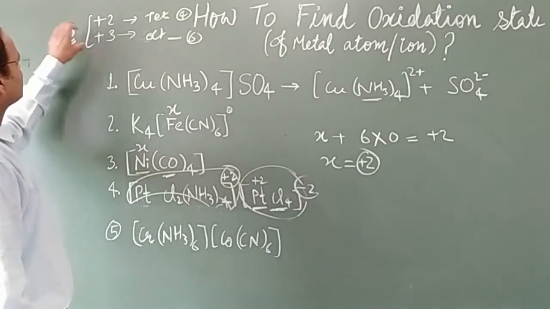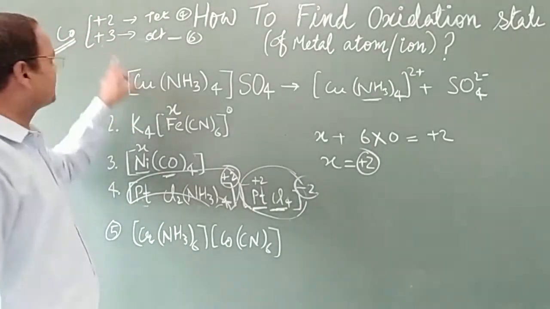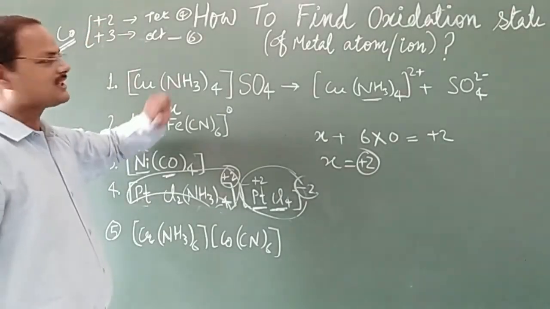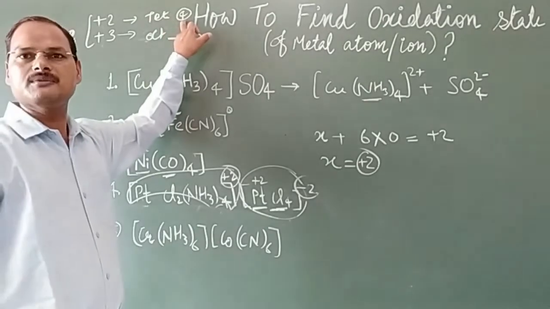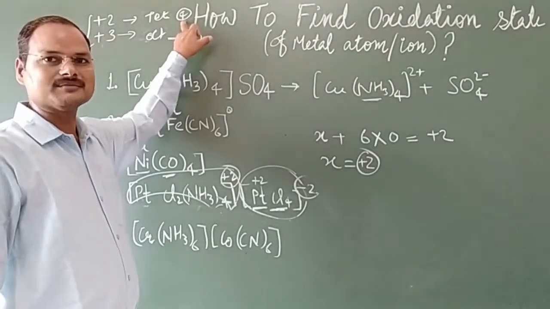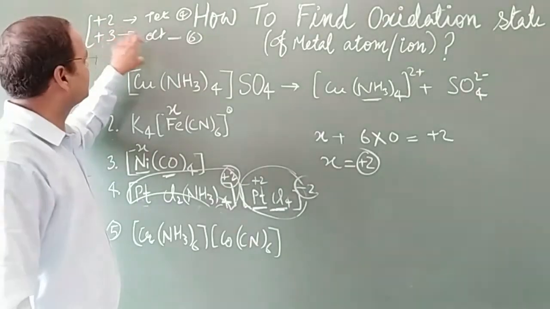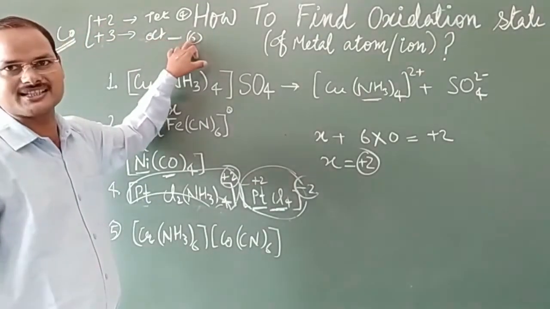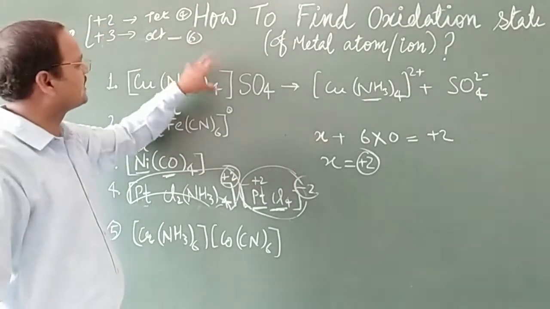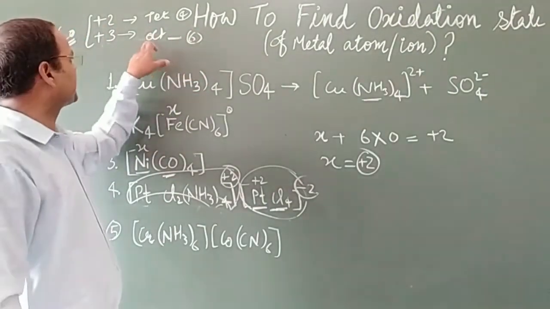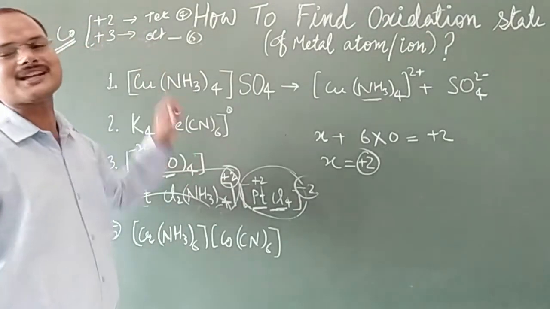See, for cobalt, the 2 oxidation states are common, plus 2 and plus 3. And if plus 2 oxidation state is there, it will have tetrahedral geometry, or 4 coordination number. And if plus 3 oxidation state is there, it should have 6 coordination number. Means if the coordination number for cobalt in any compound is 6, it will be octahedral, and for that the oxidation state of the central ion or atom will be plus 3.